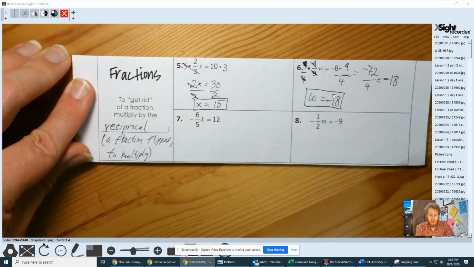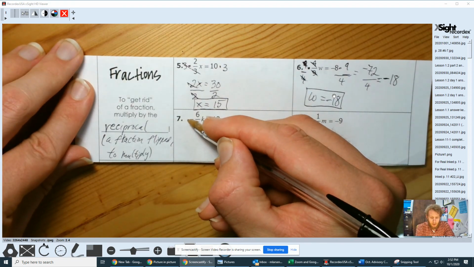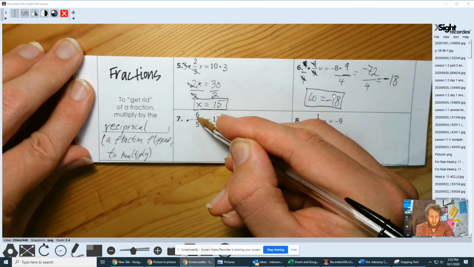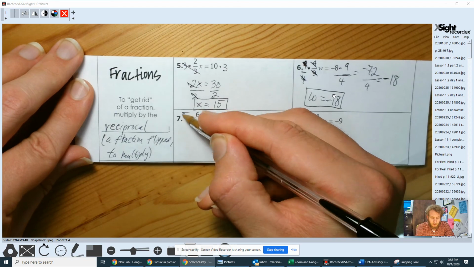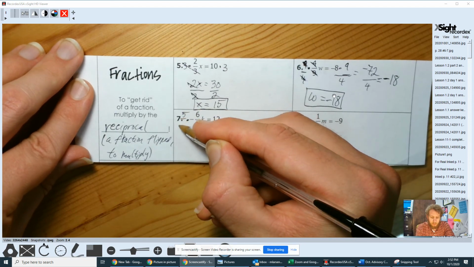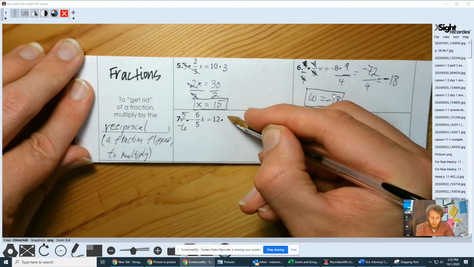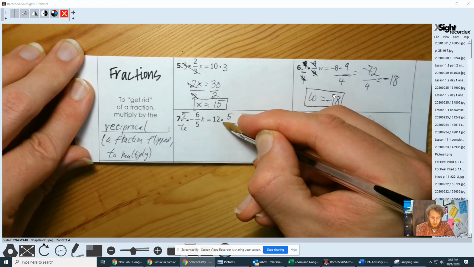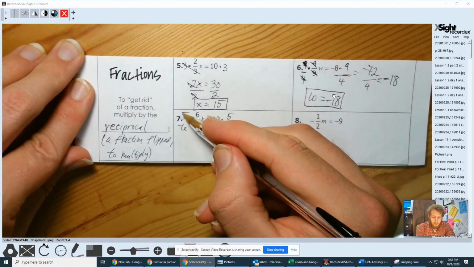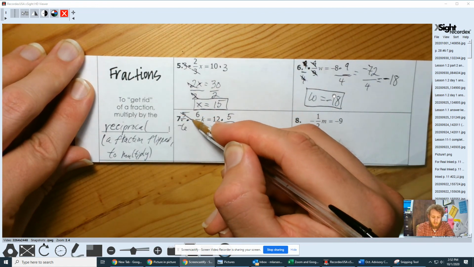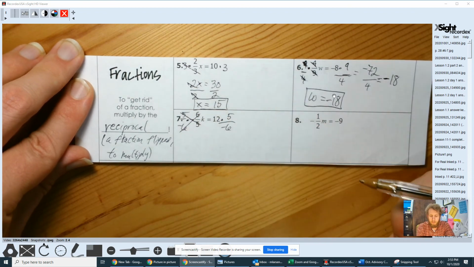And here's what else I have. I have a couple more examples that I can try. Let's see what happens if I take this fraction and flip it around. I'd be multiplying by 5 and dividing by -6. I do the same thing on both sides, and I get to multiply here, which is nice. On the left side, I have 5 divided by 5, and -6 divided by -6.